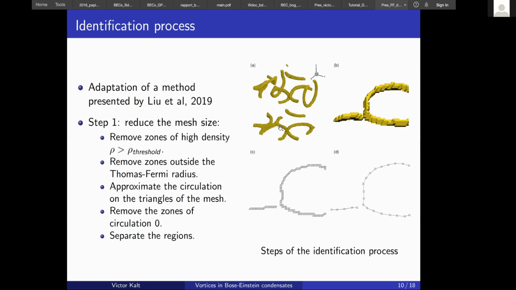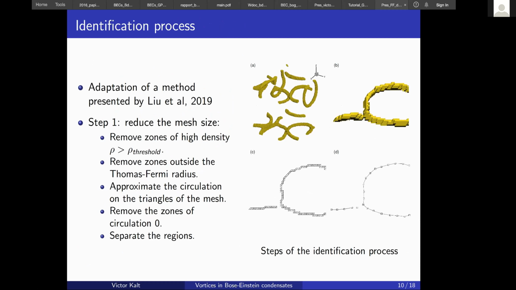So the identification process is an adaptation of a method presented by Liu et al. in 2019. An adaptation because we try to reduce the computational cost of the method, and we adapt it to use unstructured meshes and finite elements. So the first step is to reduce the mesh size because many tetrahedrons in the mesh are not interesting because they are not associated to vortices.